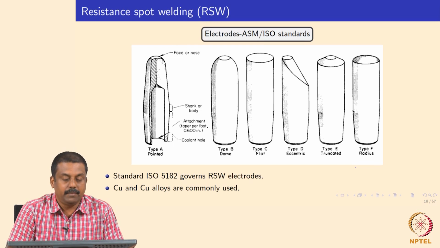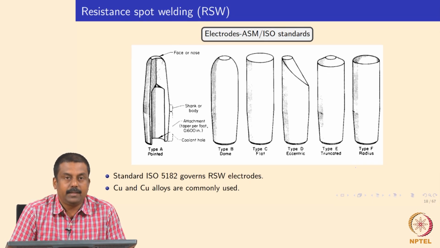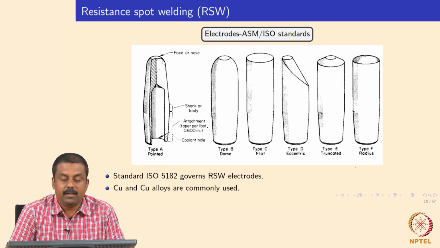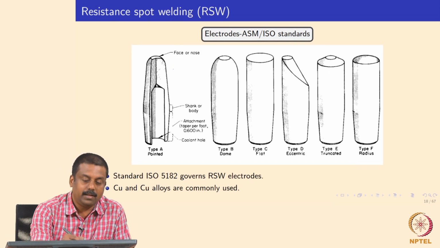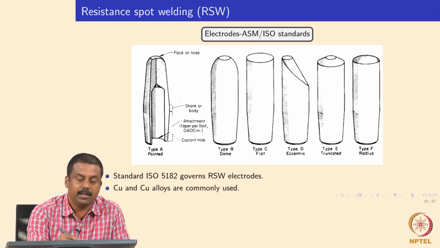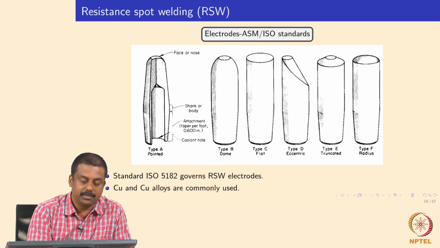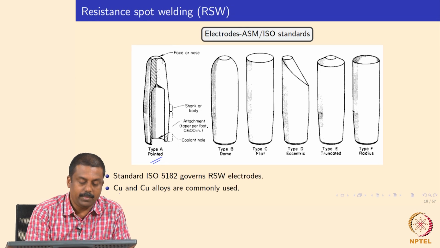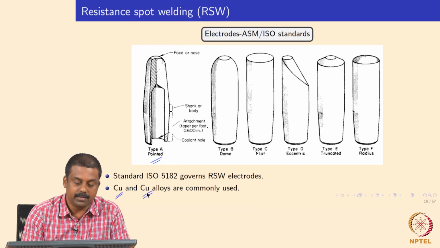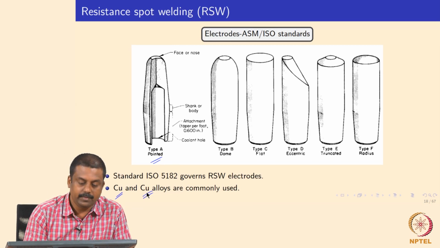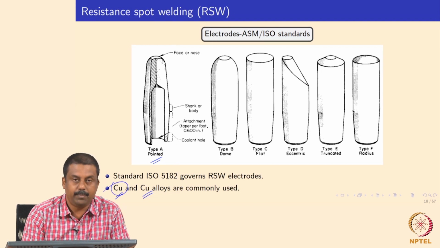Now some of the electrodes that we use in resistance spot welding. We can use various geometries of the electrodes, and it is all governed by the ASM or ISO standards. Maybe in the next class I will bring in an example electrode. There are various types we can use, and most are made of copper, and some copper alloys, alloyed with zinc and tin, are also used, but predominantly the electrodes are made from pure copper.